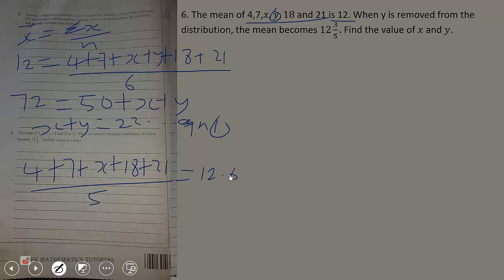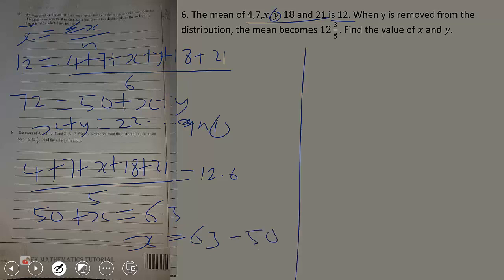So still we have 50 plus x is equal to 5 times 12.6, and 5 times 12.6 will give us 63. So straight ahead, x equals 63 minus 50. Therefore, x is equal to 13.